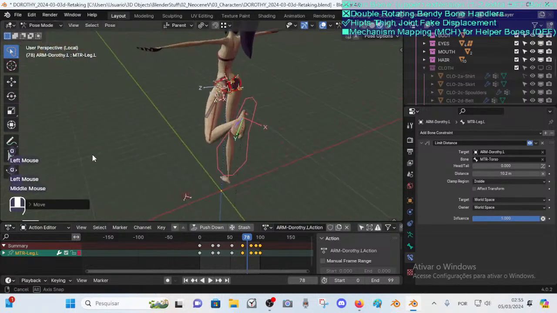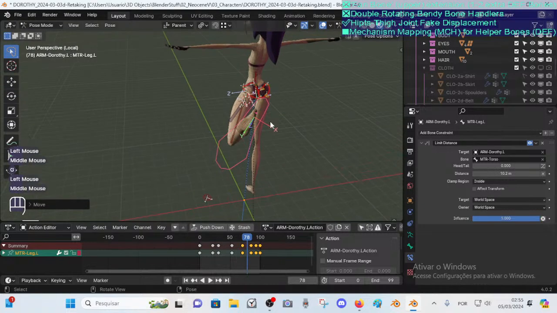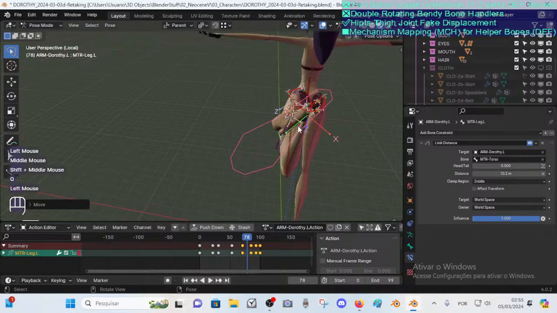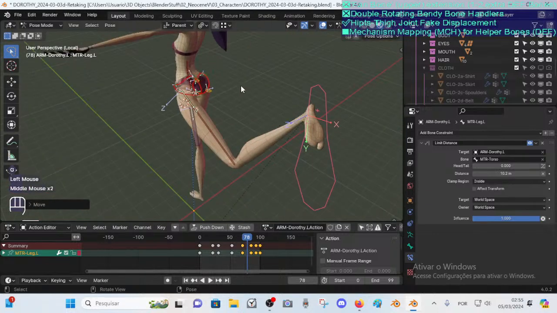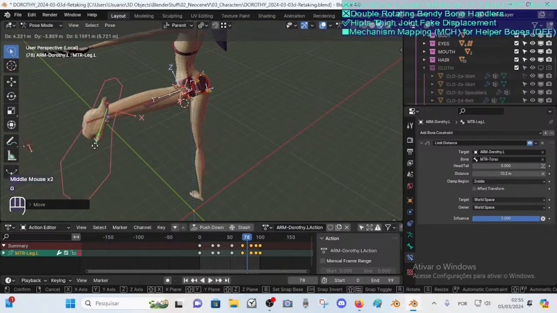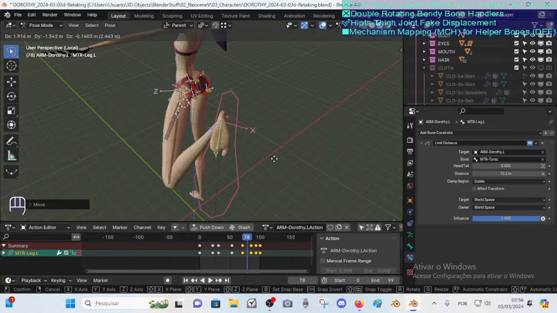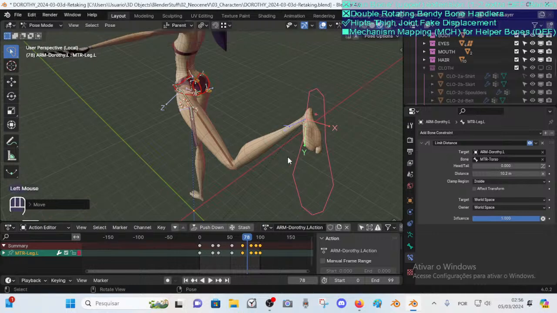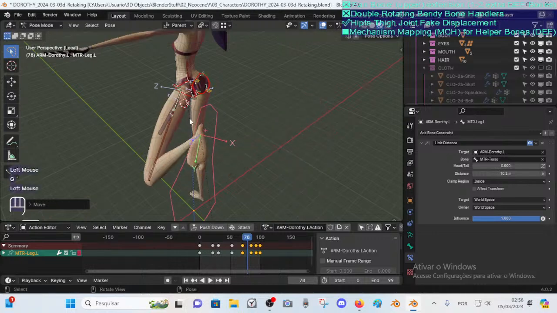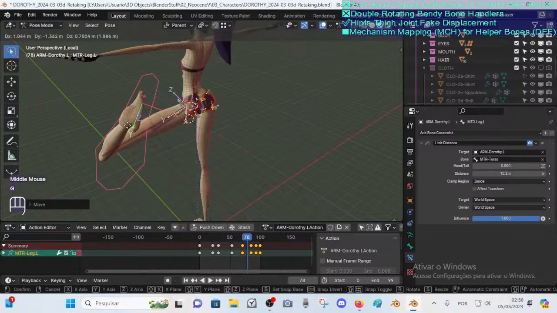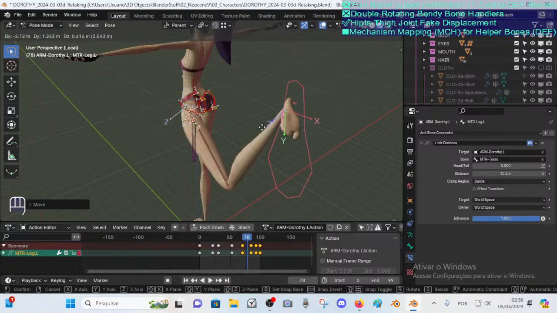And drivers for corrective shape keys have the same problem as I was describing here, because you make it for this orientation, then you make it for this orientation direction, right? And then, well, what about the in-between? Then you start to solve the in-between, and we mess up the others.